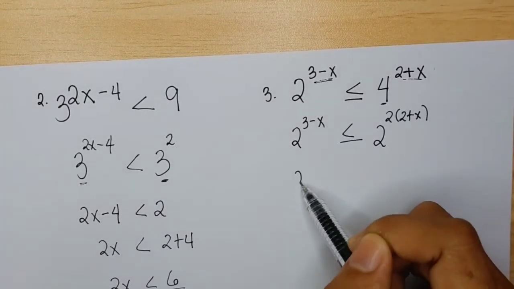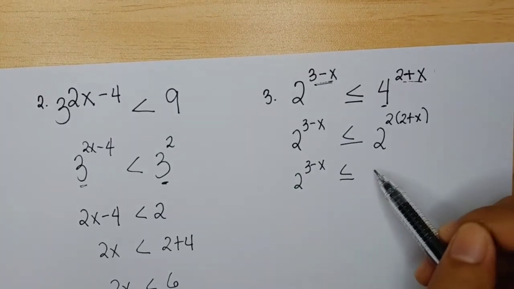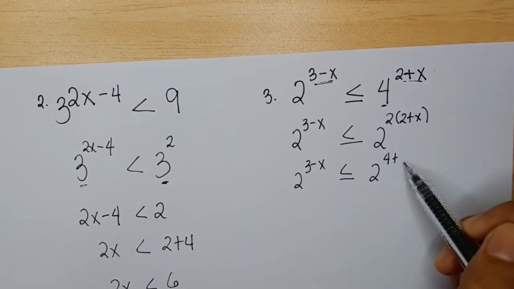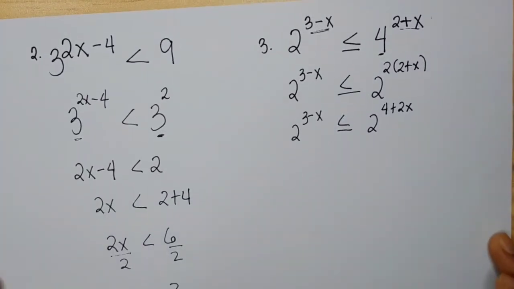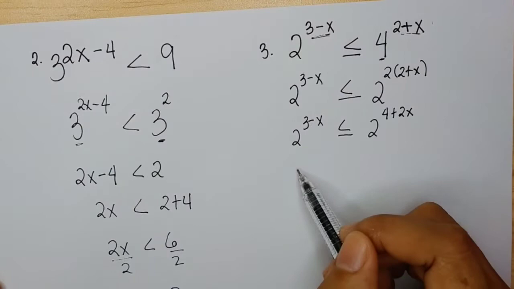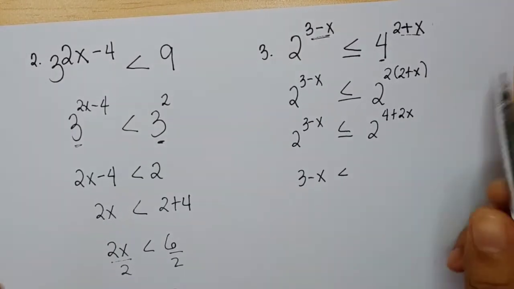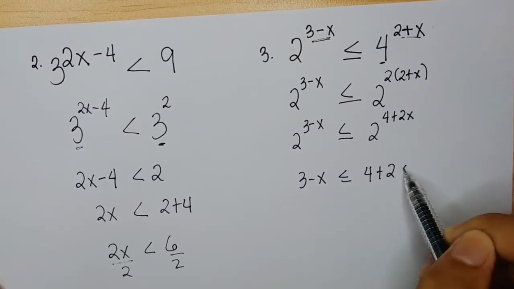So, we have 3 minus x less than or equal to 2, then 2 times that is 4 plus 2 times x that is 2x. Okay? Then, solve na natin yung exponent natin. We have 3 minus x is less than or equal to 4 plus 2x.